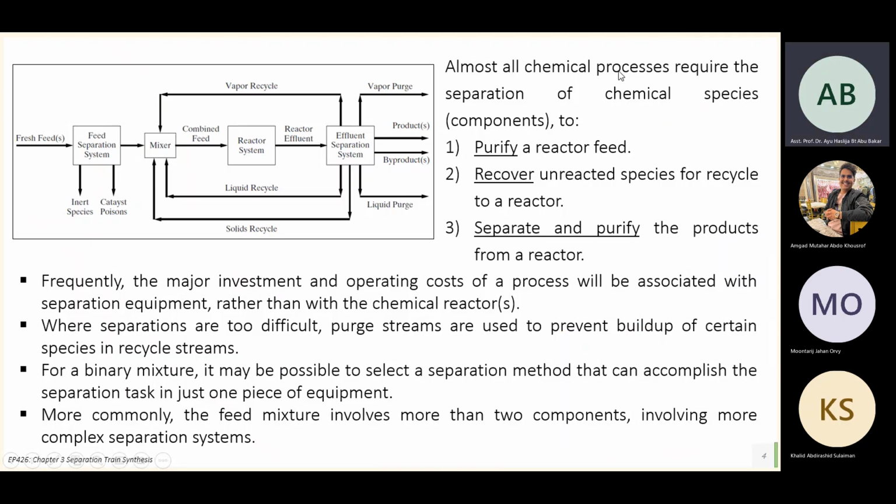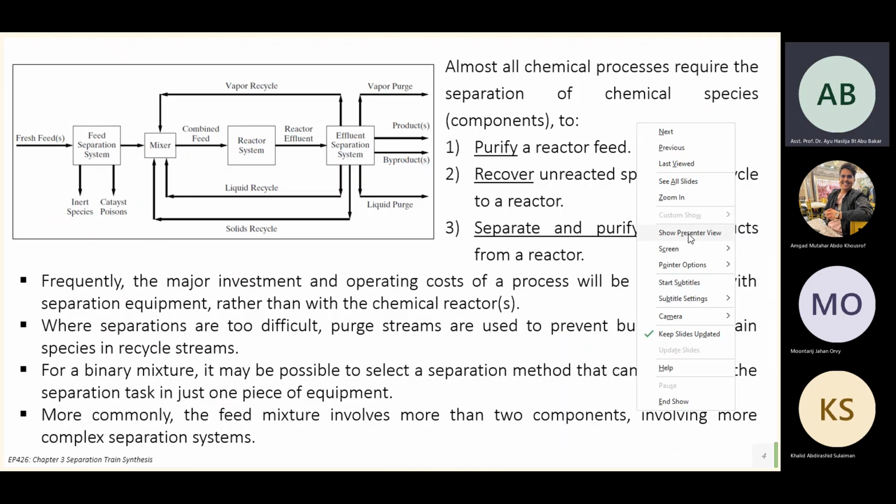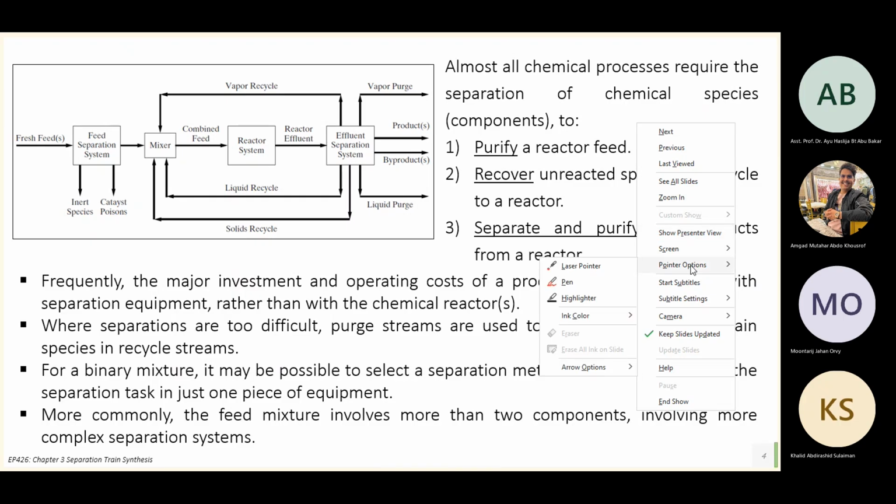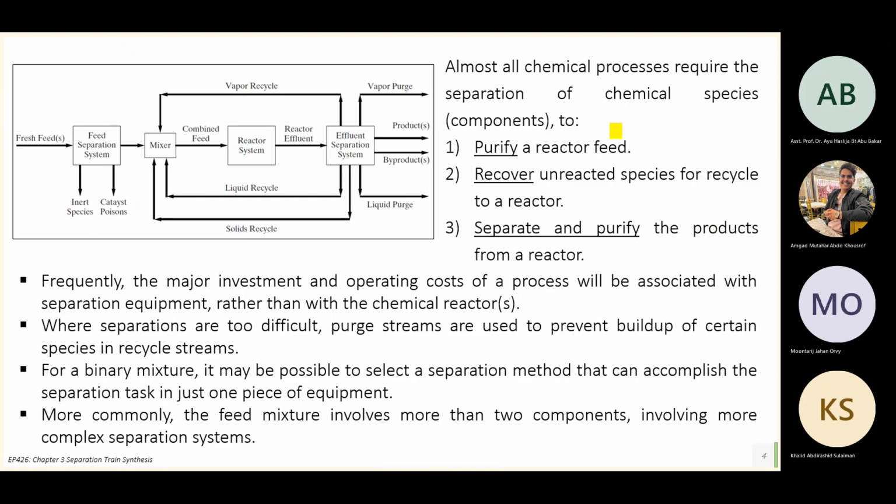Okay, almost all chemicals require separation. The purpose is to purify the feed, whether it is for a reactor or any required unit. If the feed needs to be purified, then we always use the separation system.